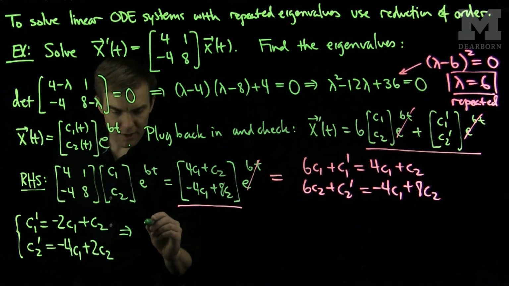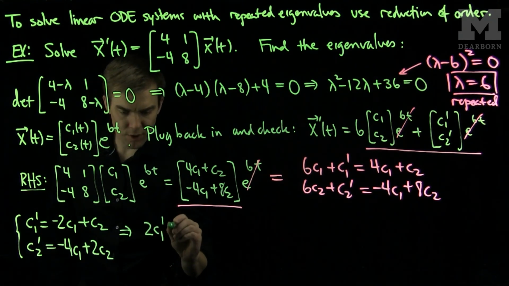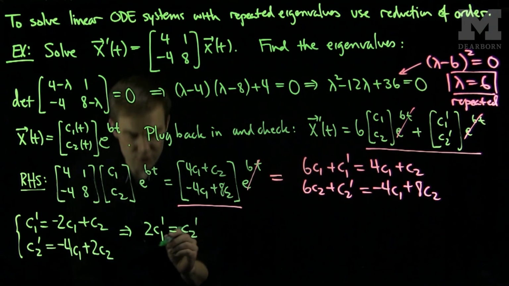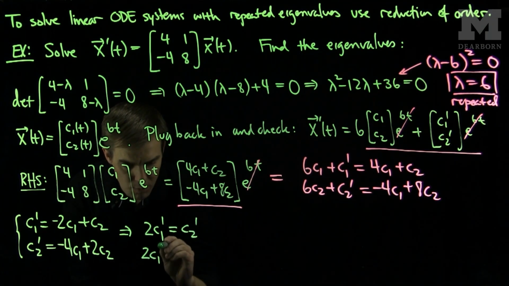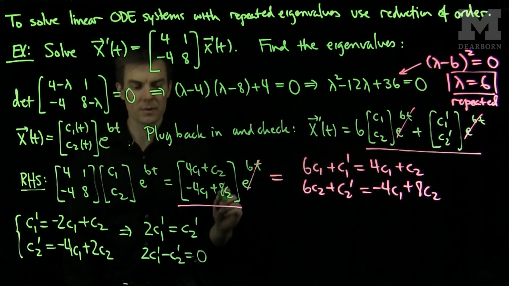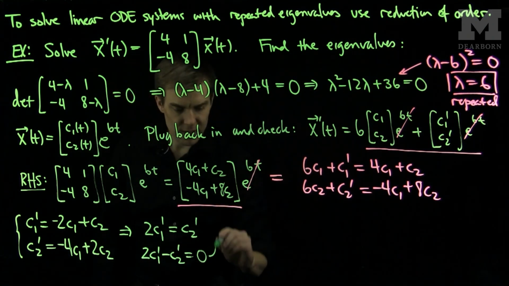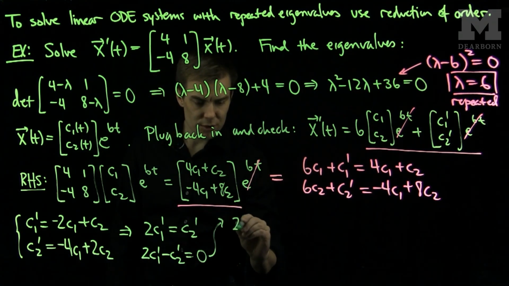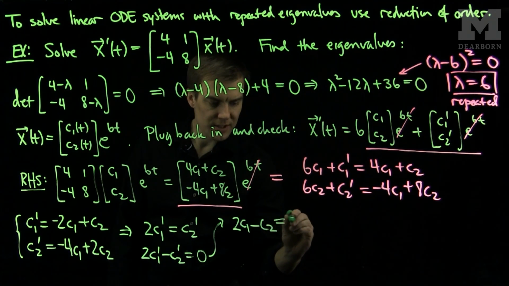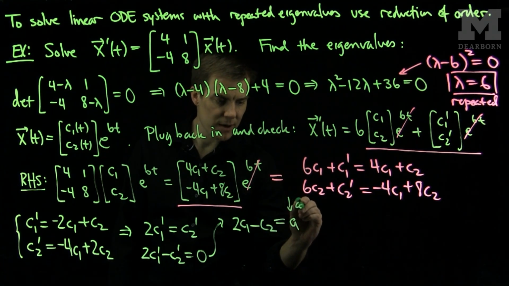This tells me that 2c1 prime will be equal to c2 prime, which is equivalent to 2c1 prime minus c2 prime equals 0. If that is the case, it must be true that 2c1 minus c2 is equal to a constant a. So a here is a constant.